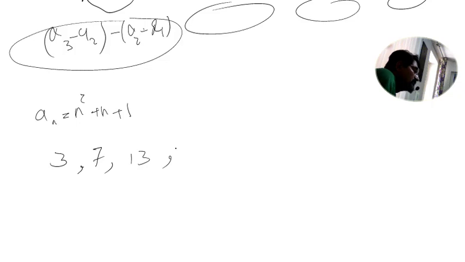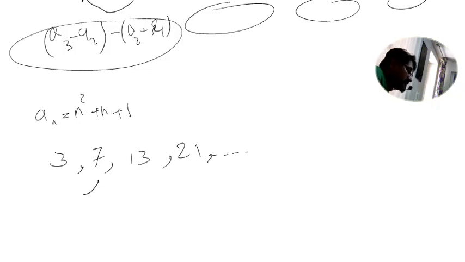For example, an is n² + n + 1. a1 is 3, a2 is 4 + 2 + 1 = 7, a3 is 9 + 3 + 1 = 13, a4 is 16 + 4 + 1 = 21.